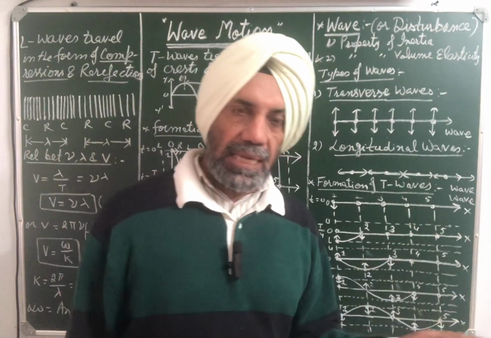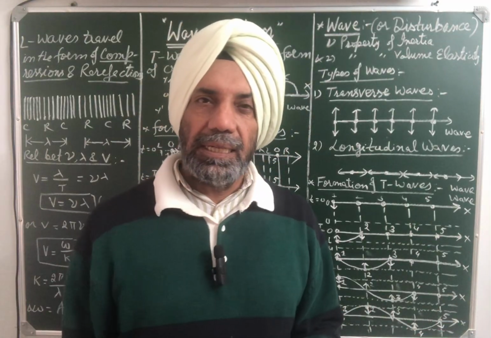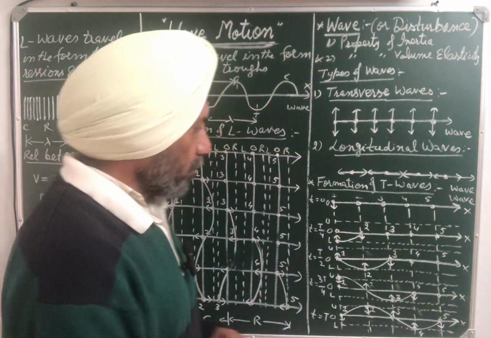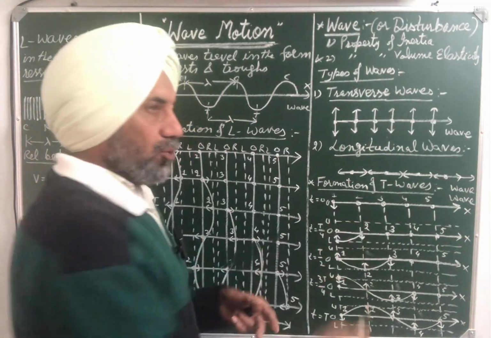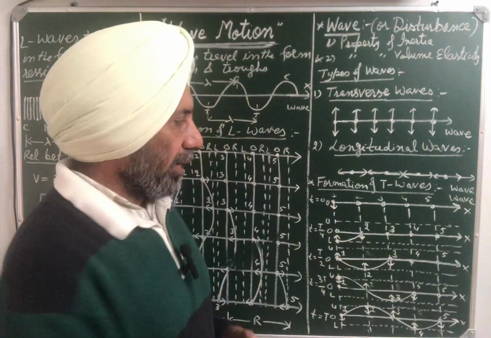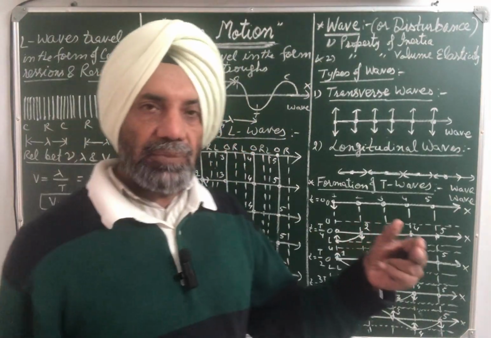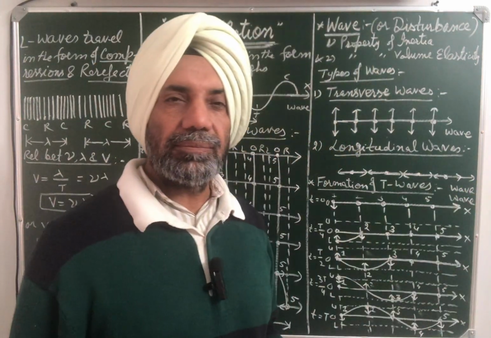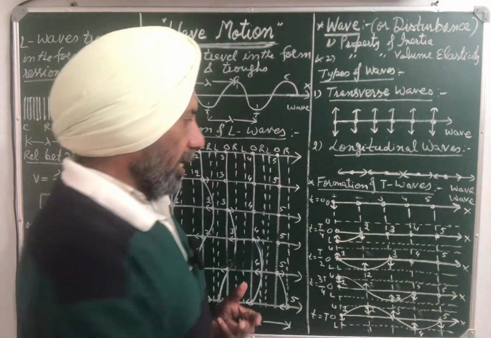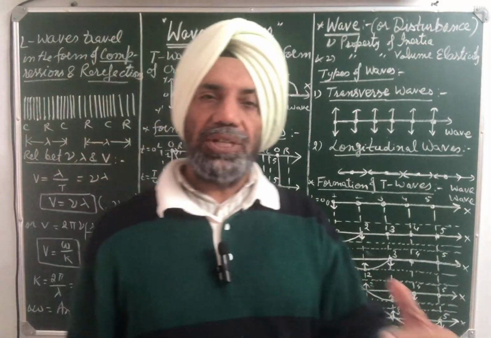The distances are such that during the time the previous particle completes 1/4 vibration, the disturbance reaches the next. When the next completes 1/4 vibration, the disturbance reaches the next. So let T be the time period of vibration of each particle.